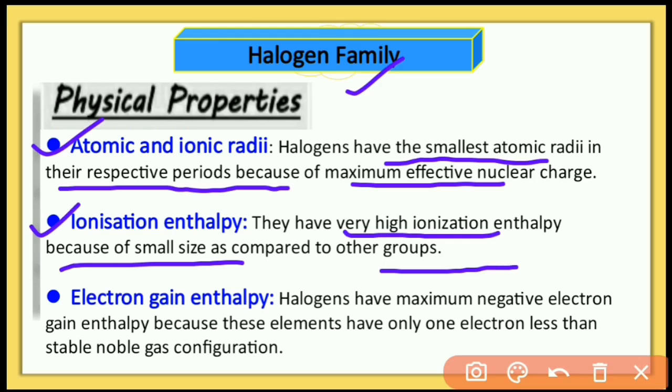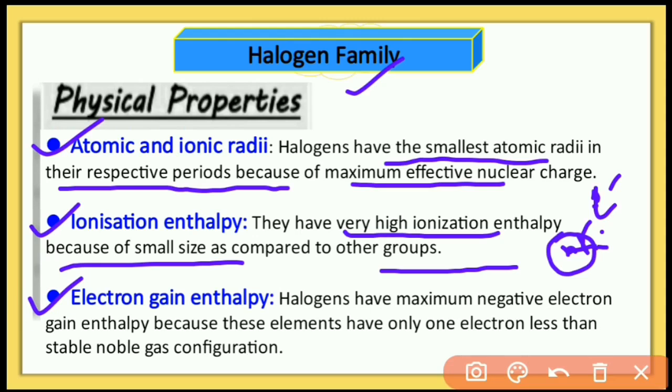So when the size is smaller, the attraction force between valence shell electrons and nucleus is very high, so more energy is required to break the attraction force and lose one electron. So therefore high ionization enthalpy in halogen elements.